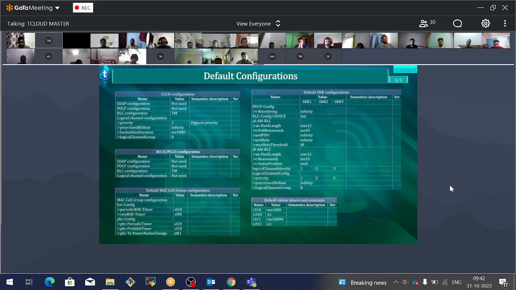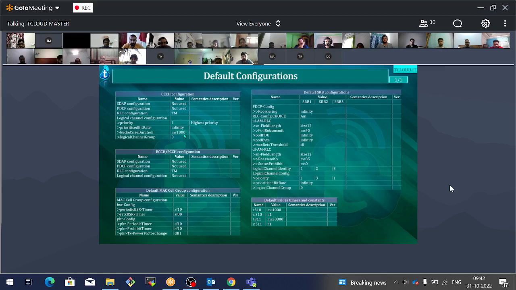Obviously, when you are sending CCCH, no other channel would come for competition. So priority is highest, and prioritized bitrate is also infinity. Prioritized bitrate set to infinity means that whatever data is there, you have to take the entire data.